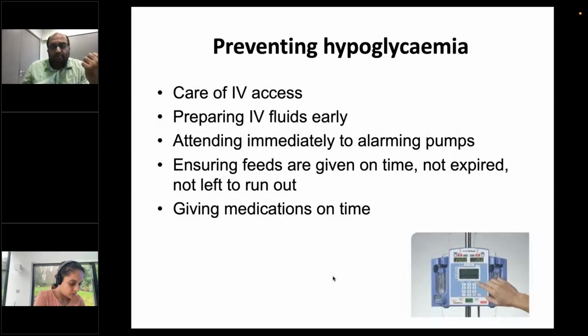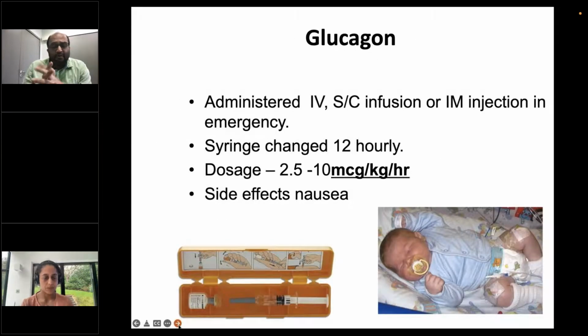Also prepare IV fluids early, and don't wait for children to be off fluids while you're changing the fluid bag, otherwise they will have hypoglycemia. Attend alarms immediately when the pumps are alarming, and give medications on time. So there are small things that are important to keep in mind.